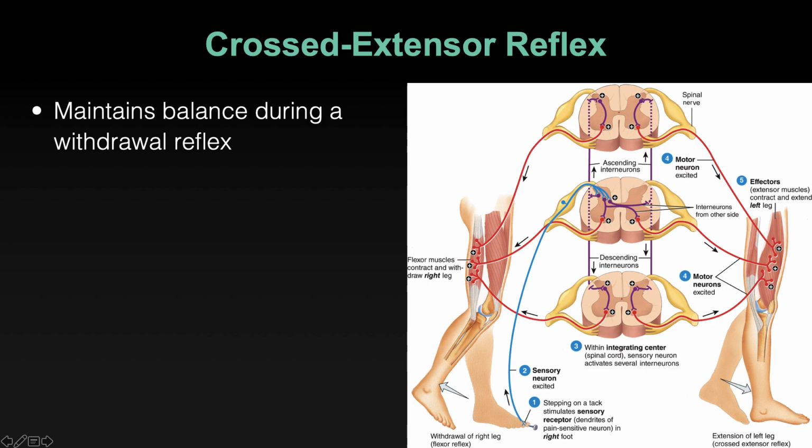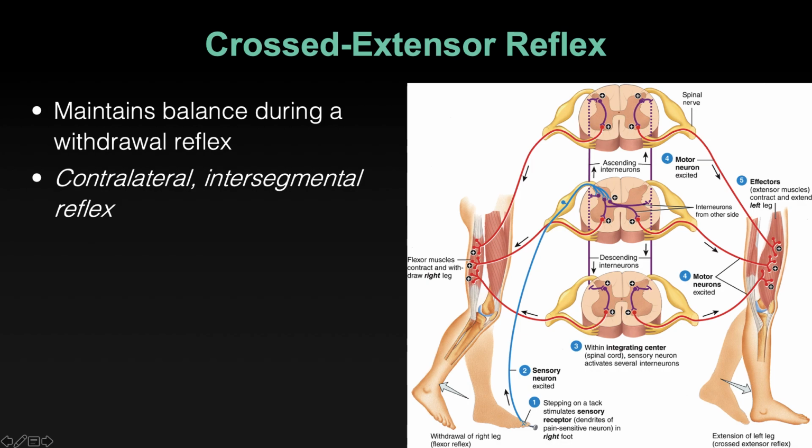Well, now that you know what the situation is, the name crossed extensor reflex describes exactly what happens. Crossed, the other side of the body, extensors are activated in order to help support me in this situation. It maintains balance during the withdrawal reflex. This reflex is a contralateral intersegmental reflex.